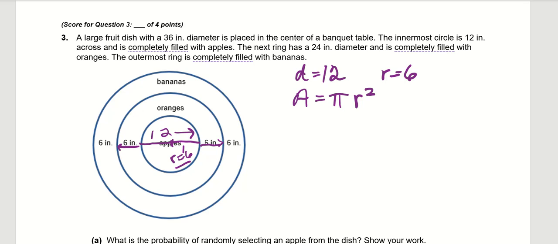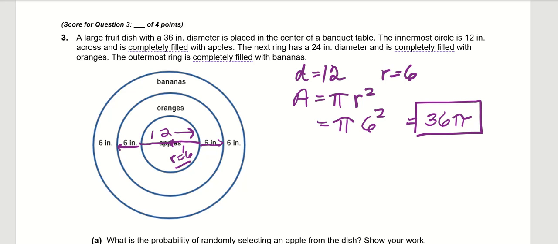The radius is 6, so the area is pi r squared, or 36 pi. That's apples.